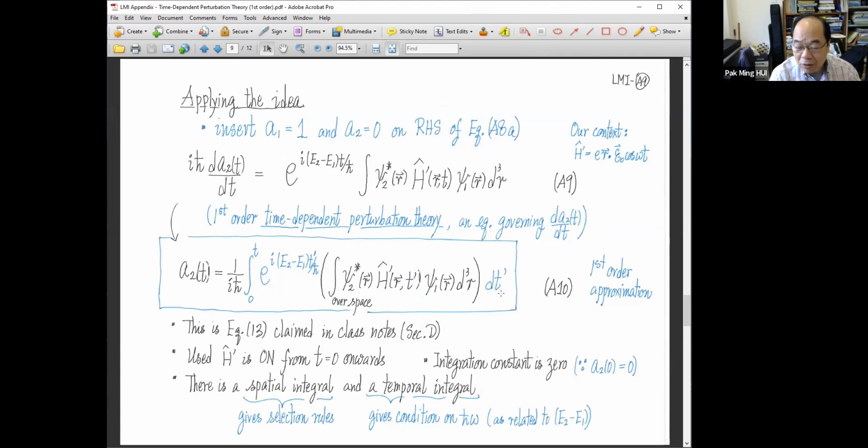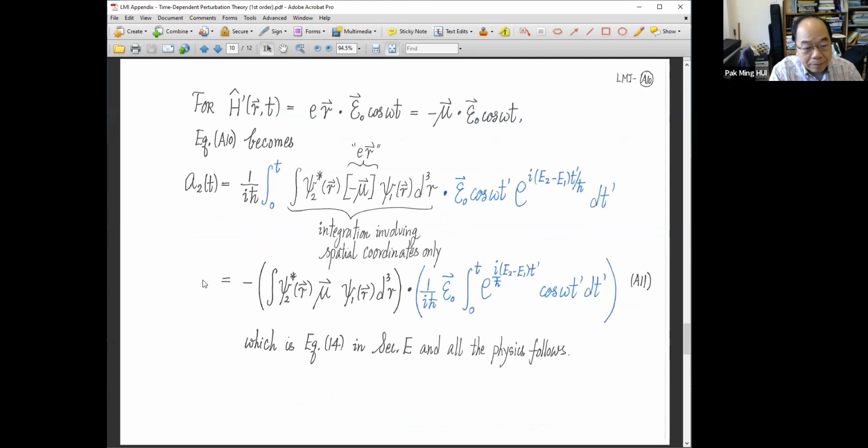So this is the key result. After we get this, take this thing squared. This is complex, so take its square. That is the probability of finding the atom in some final state number 2 at time t. So that is the key result that we will be applying to understand transitions in atoms.